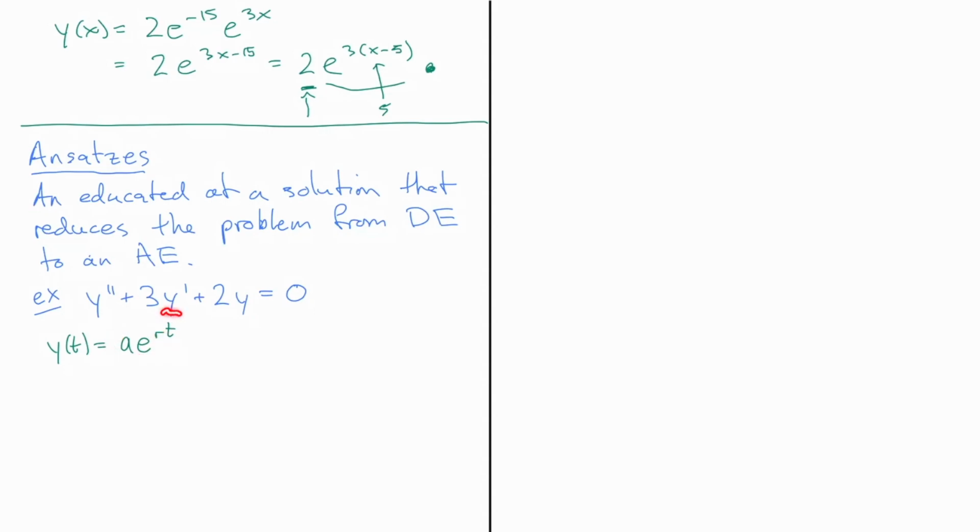So I'll have e to the rt, e to the rt, and again e to the rt with a bunch of stuff out in front. And I can cancel those e to the rt's because the exact same form appears in all of the terms. So let's figure out what these are. Here a single derivative brings one r down, and a second derivative brings another r down.